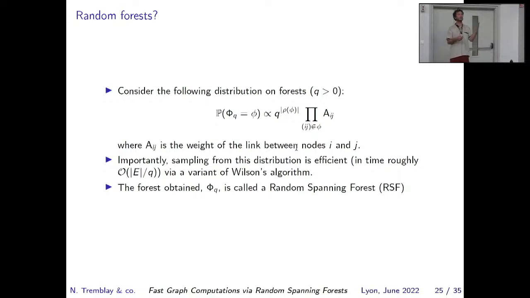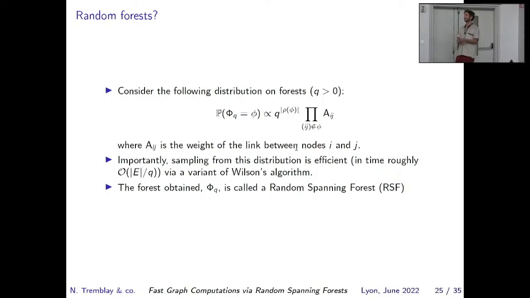Very importantly, especially in my talk and in my endeavor here, sampling such a forest is fast. You can sample such a forest in a time that is roughly linear in the number of edges. This is very particular. This is not true for DPPs in general. This is kind of a miracle happening here. In general, sampling a DPP on a ground set of size n takes n cubed.